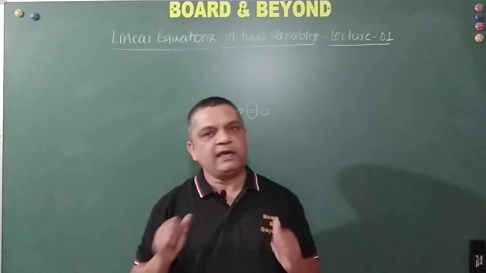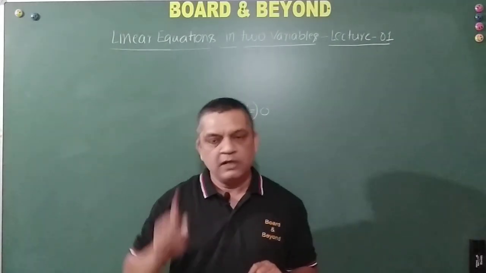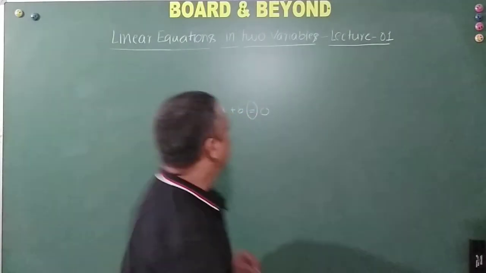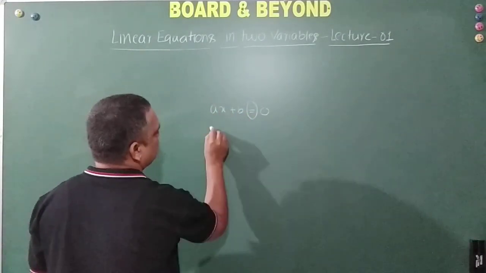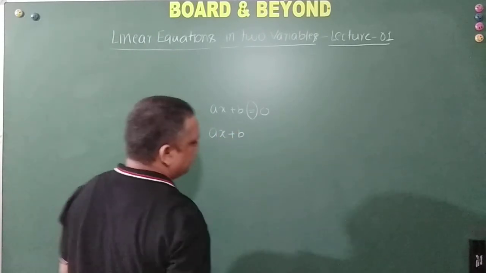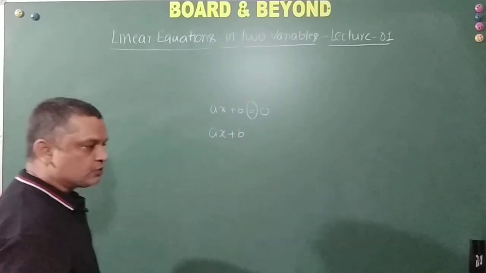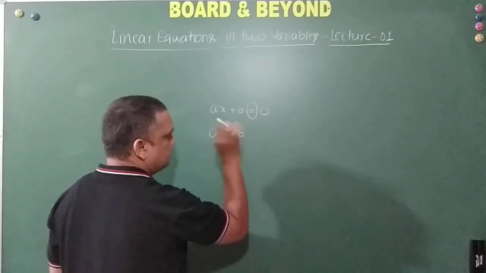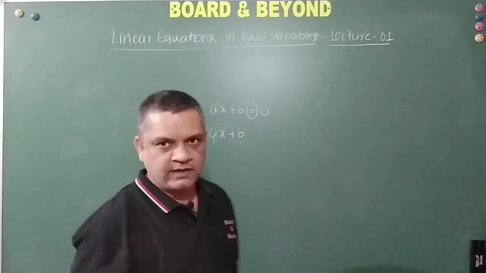For example, ax plus b is equal to 0, so the only variable available here is x, right friends? Now the expression we have got is ax plus b, so the only variable is x here and a and b are actually constants, right friends?